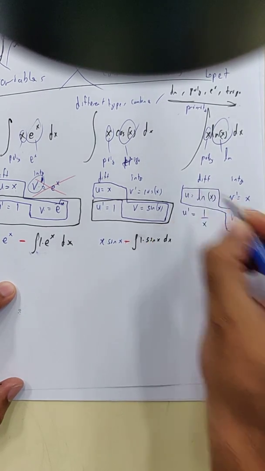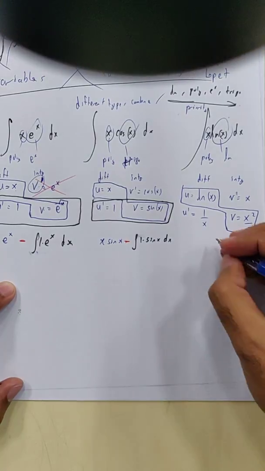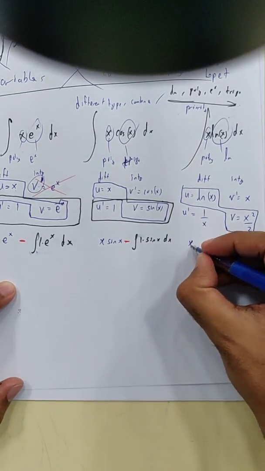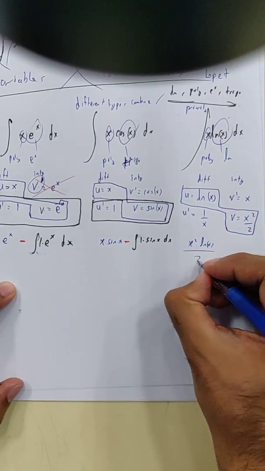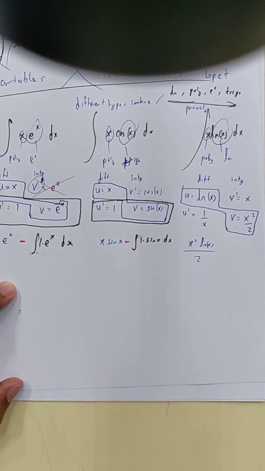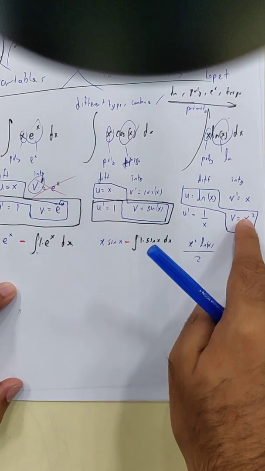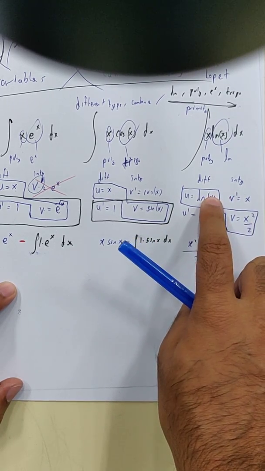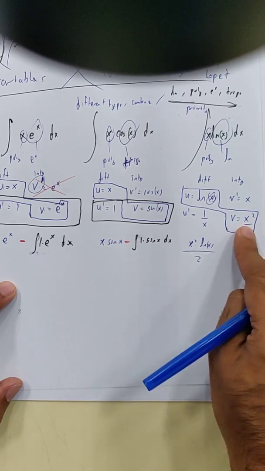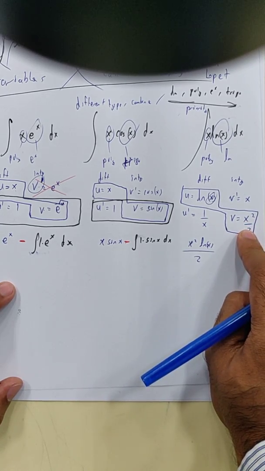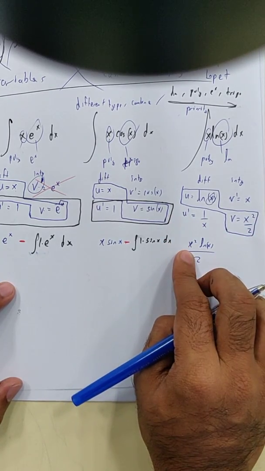Ln here, the best way to combine is x squared ln x over 2. Are you okay? Can this multiply with the ln, with the x? Why cannot I get x cubed over 2? Because this x is under ln, it cannot combine with this one. So that's why it goes outside.